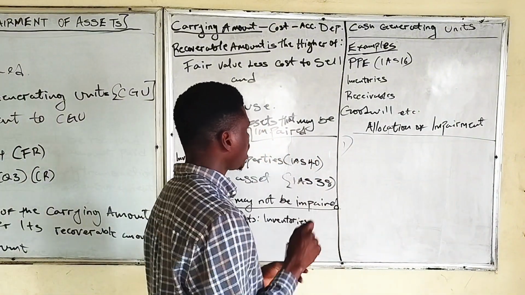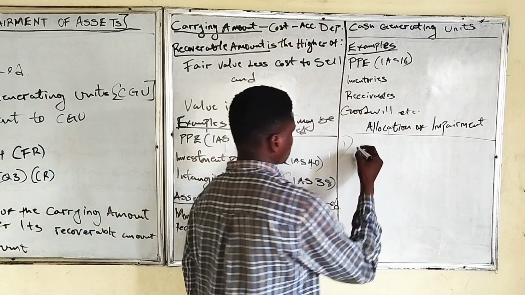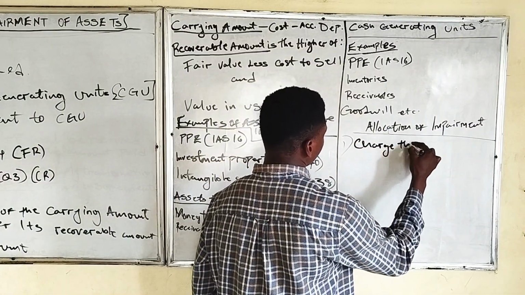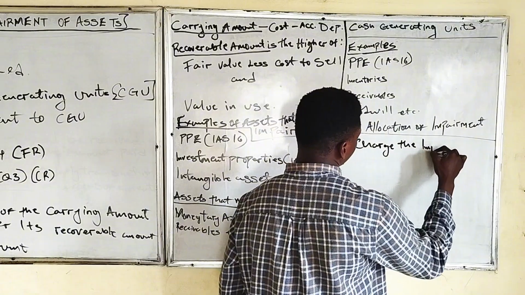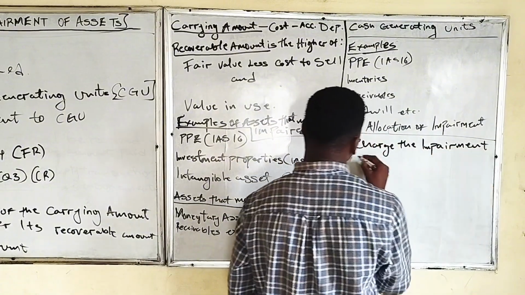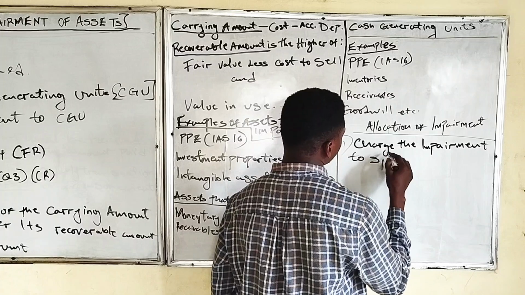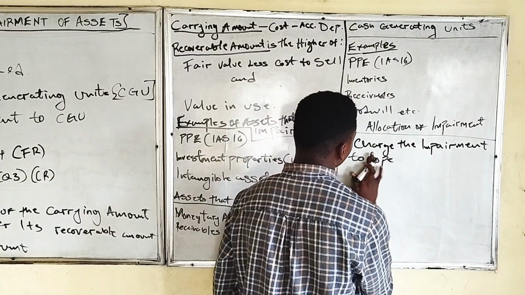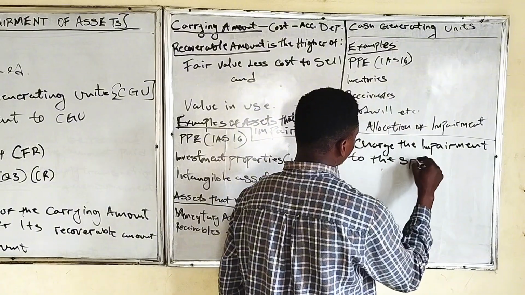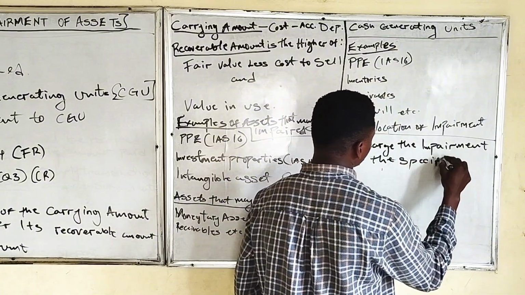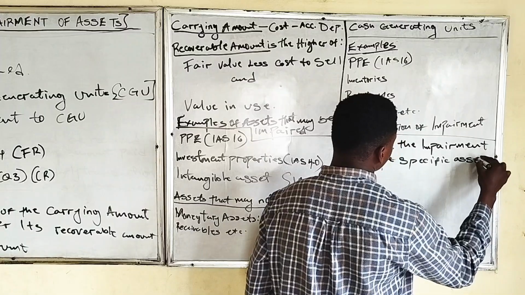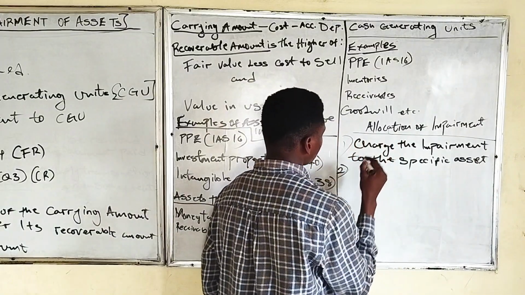One of them is that you charge to specific assets. You charge the impairment to the specific assets. That's one.